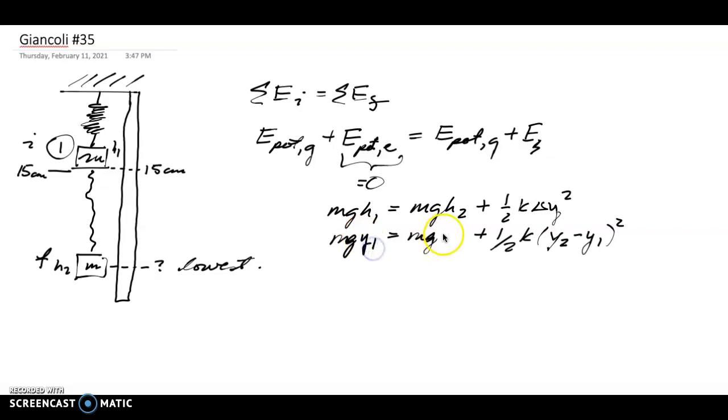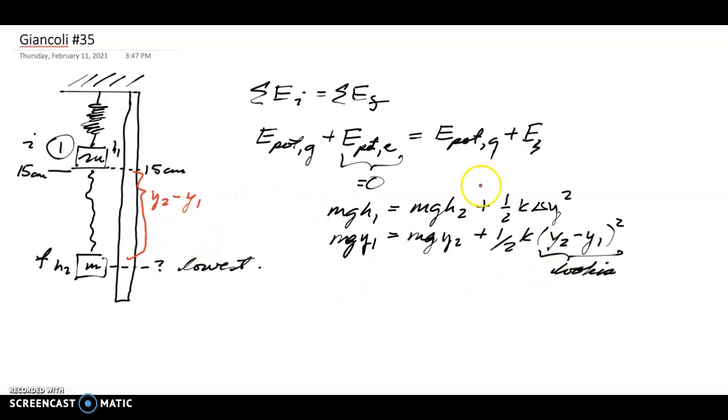I'll just rename that y1, and that's y2. So what I'm looking for is this change, how much this changes. So this is my y2 minus y1, or you could even say y1 minus y2.